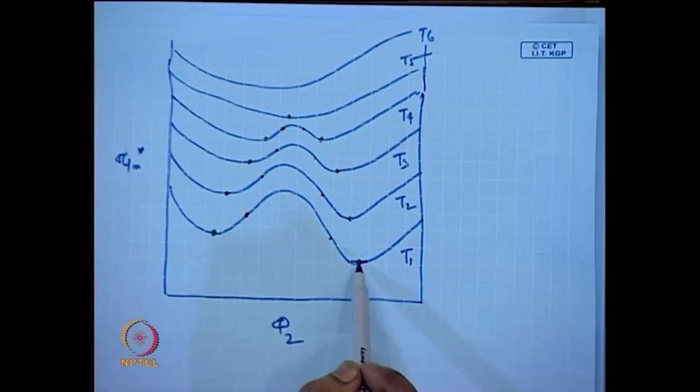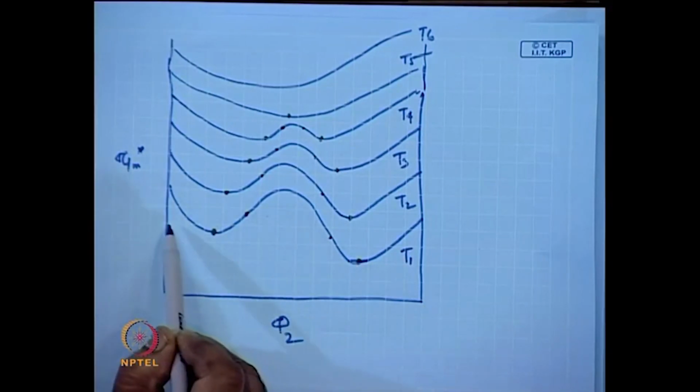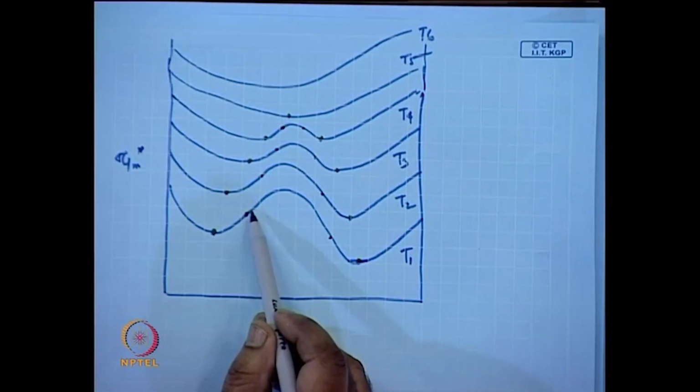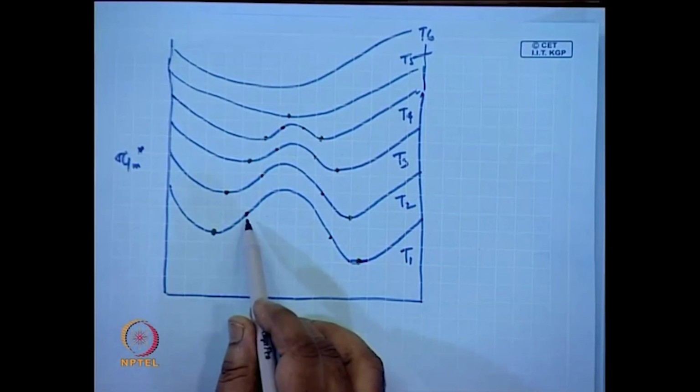Now, these two minima, which have the common tangent, are called binodal points or binodal composition, and the inflection points, which are the boundary between the metastable and unstable region, are called spinodal points. These are called binodal and these are called spinodal points.